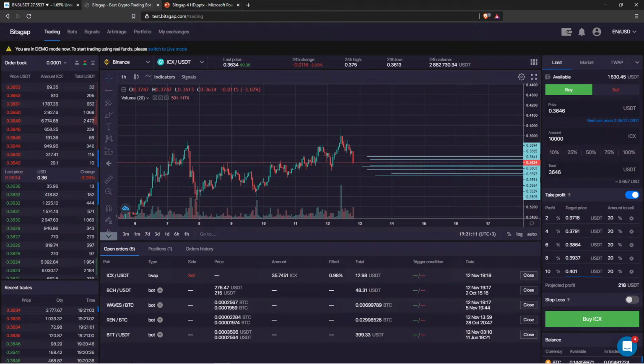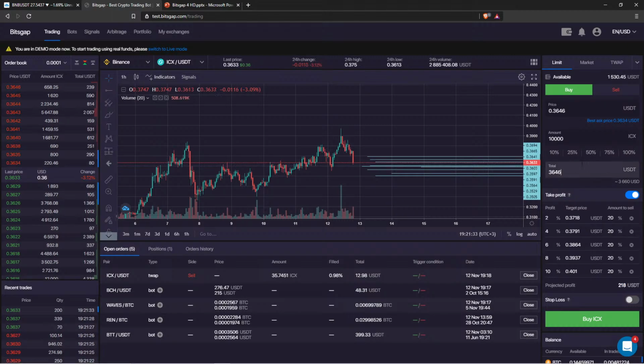So it takes into account all of these orders, and it assumes that in the future they will be successfully executed, and that's why your potential profit, based on this investment, is 218 USDT.